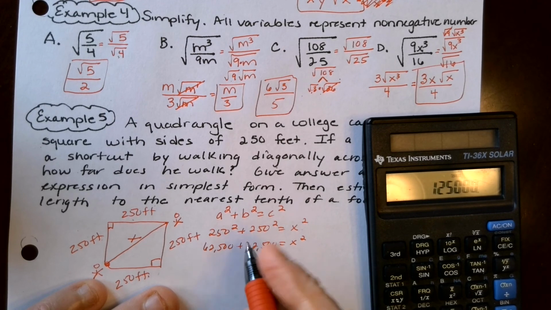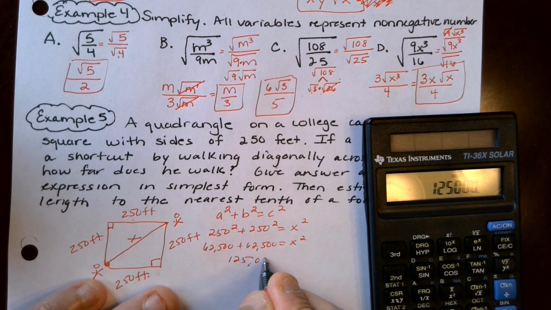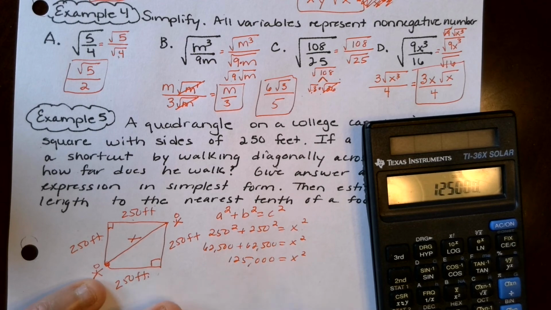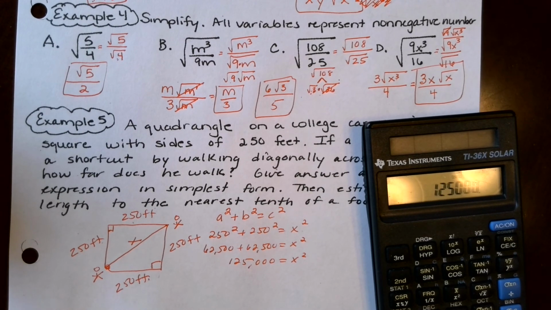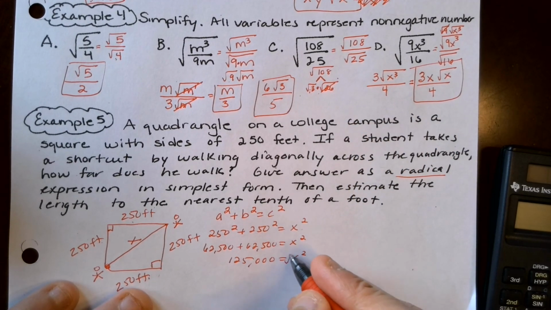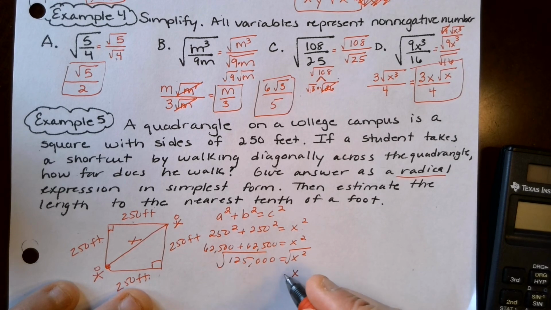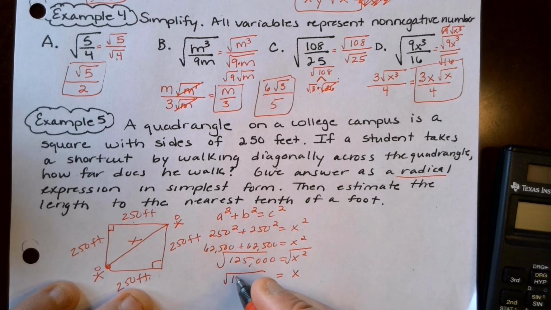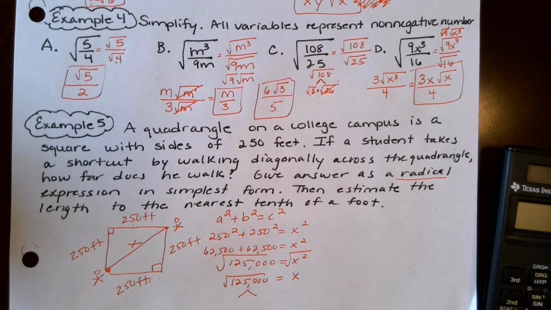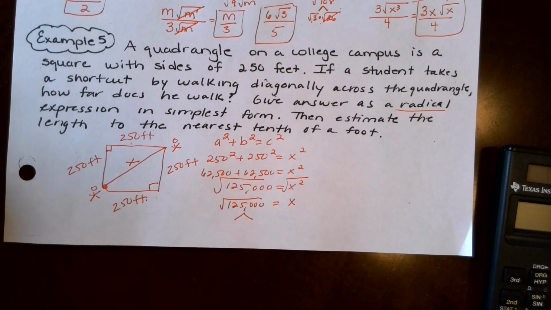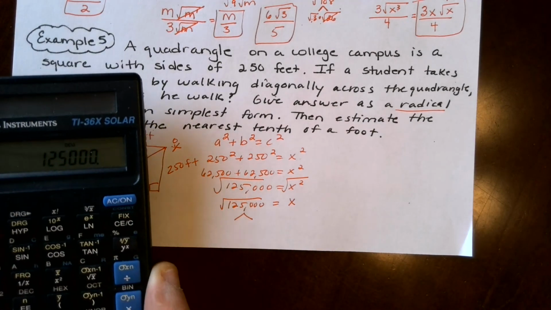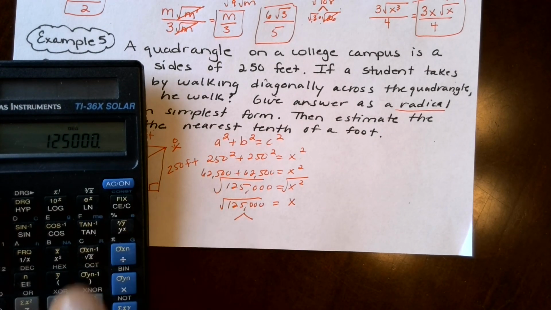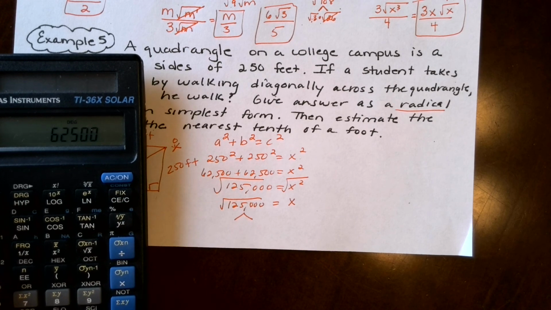Add them together, we get 125,000 equals x squared. And then, to solve again, we need to do square root on both sides. And break it down, because we need to have the simplified version. So I am going to look here and see 62,500.